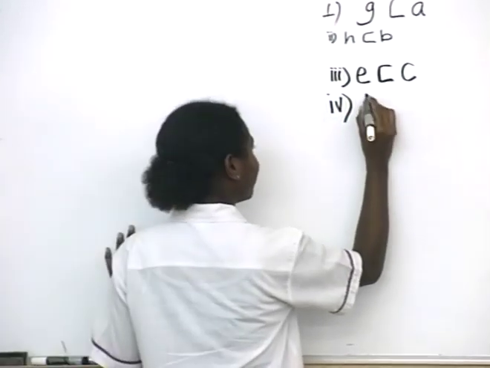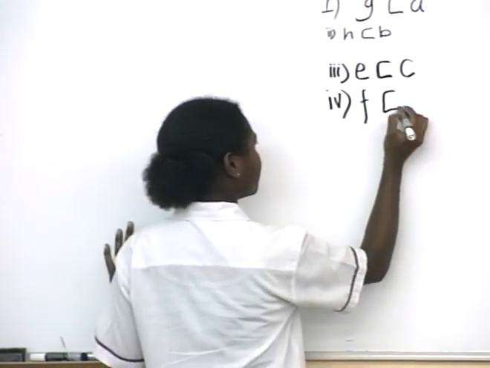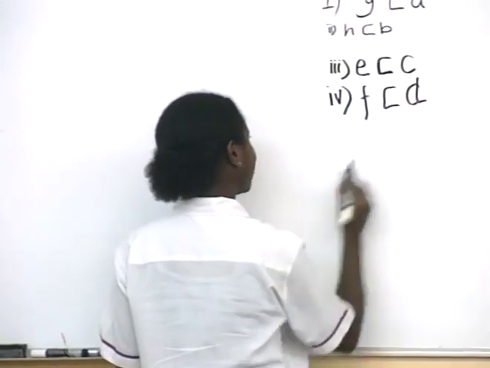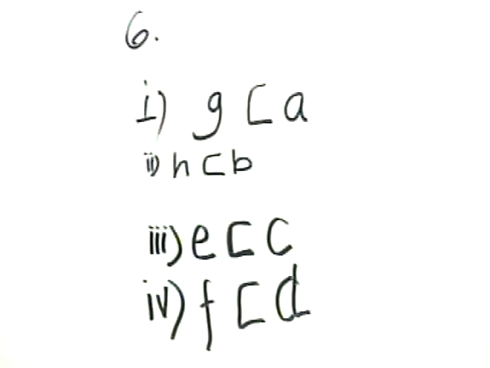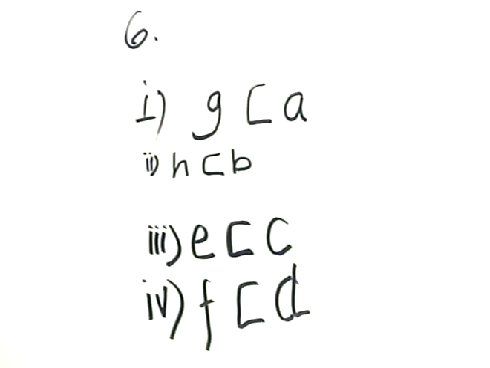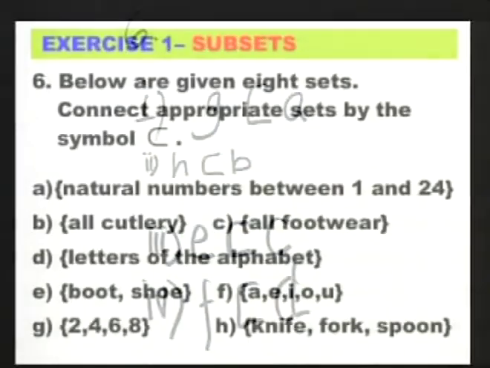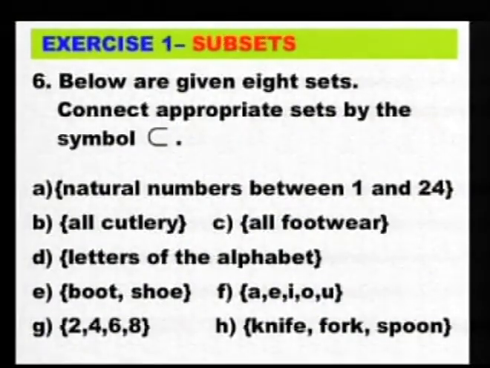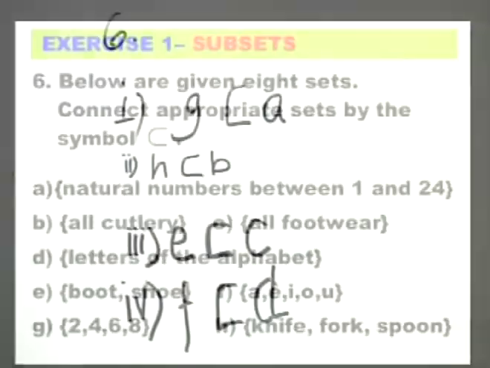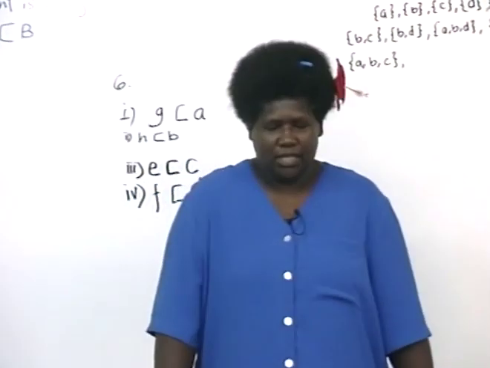Okay, good. F is a subset of D because A, E, I, O, U is part of the alphabet. All right, thank you. The next question, question 7.